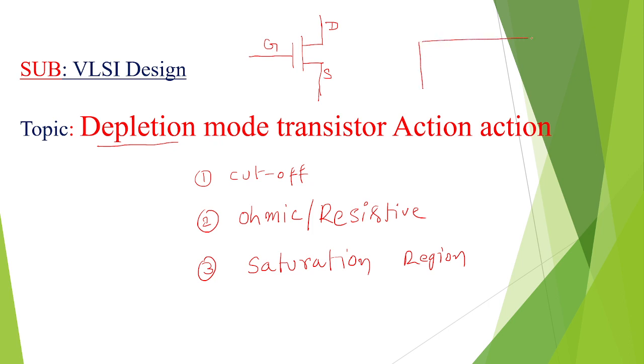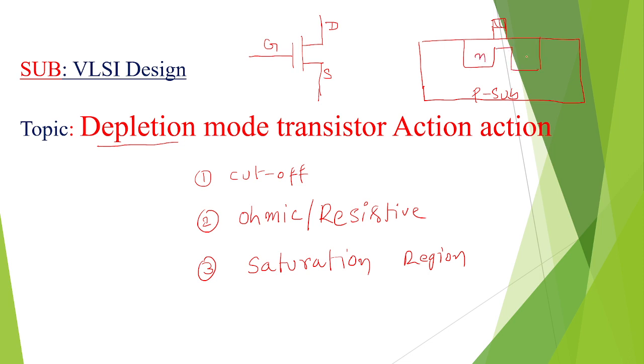Already the channel is there between source and drain. If you take a P substrate or else an N substrate, to design the gate, deposit the polysilicon material here, and to design the source and drain terminals, diffuse the electrons into the P substrate.